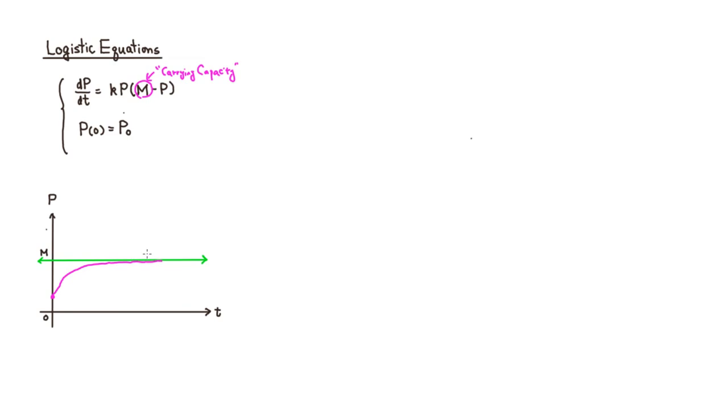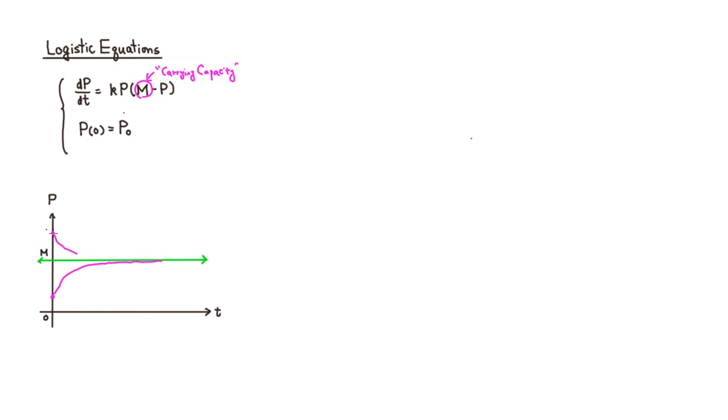But if the initial population is greater than the carrying capacity, let's say you start from here, then you can see that P is positive, and M minus P is now going to be negative. So you're going to have a negative slope, which means that the population is going to go down.